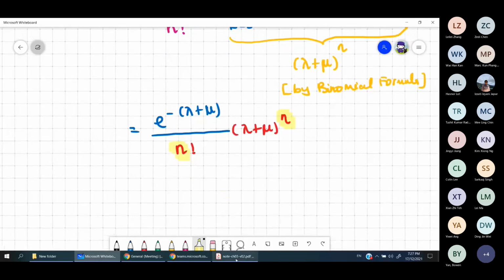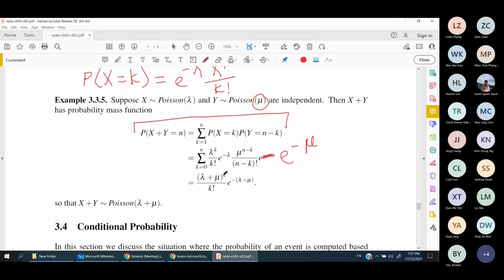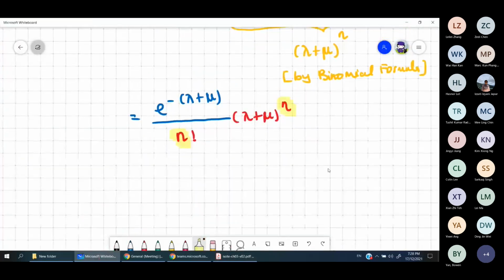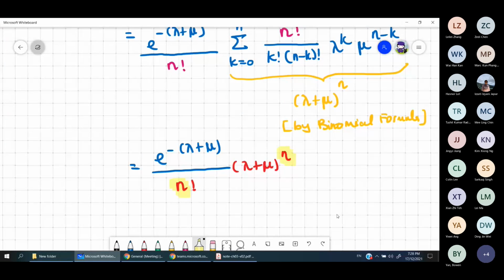This one is supposed to be n, and this one is supposed to be n. So this is how we use the formula to work out the calculations.